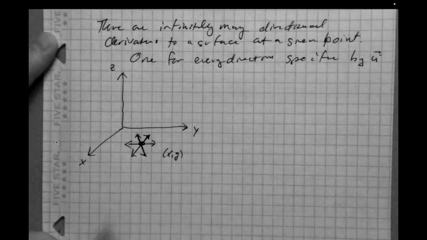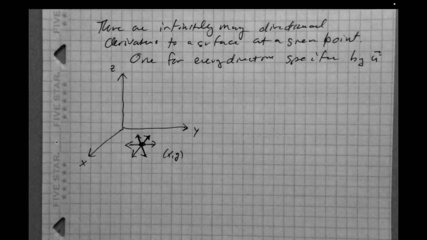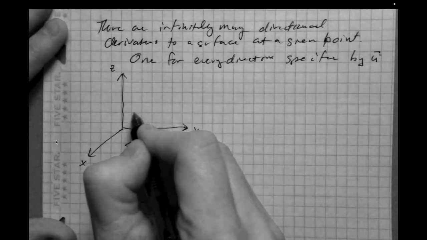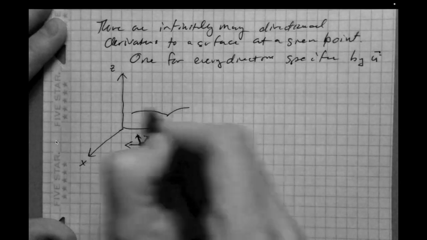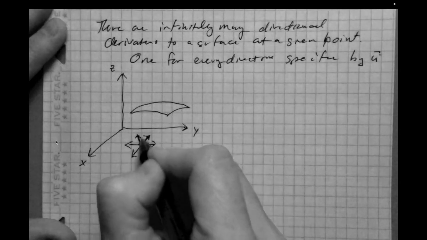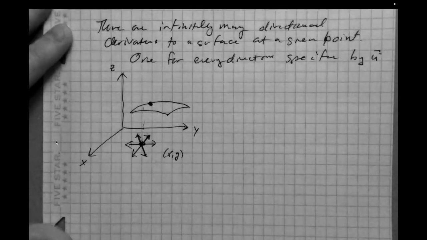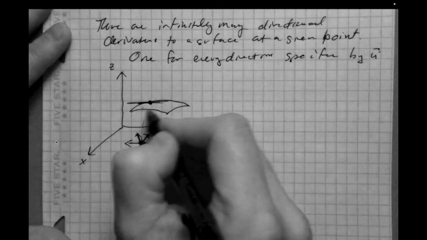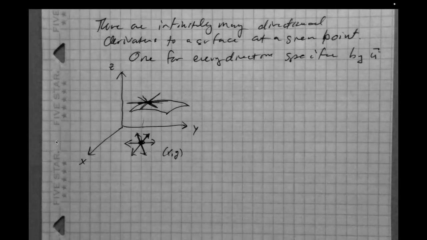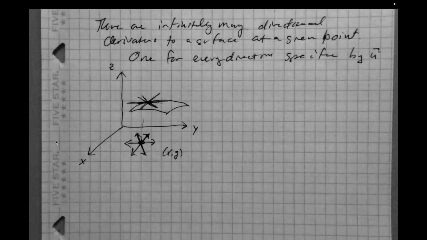And so you can see how there are infinitely many directions. The same thing is true of any surface. If you've got your point up here, there are going to be slopes in any direction. So depending on what direction your u is in, you're going to be talking about a different directional derivative.